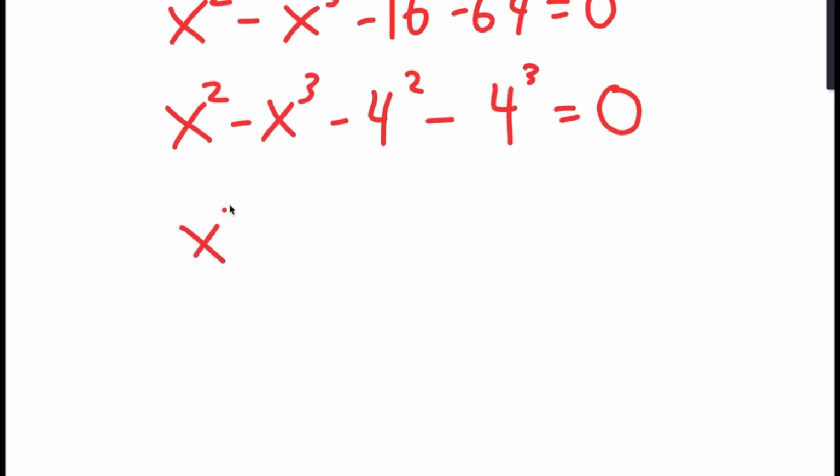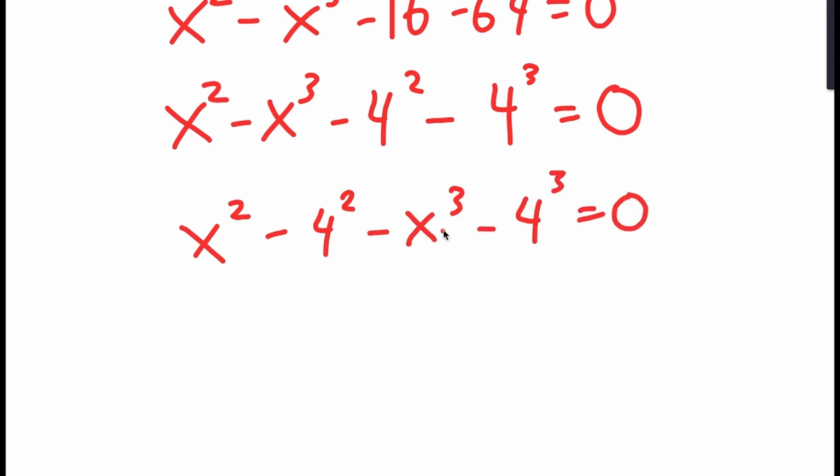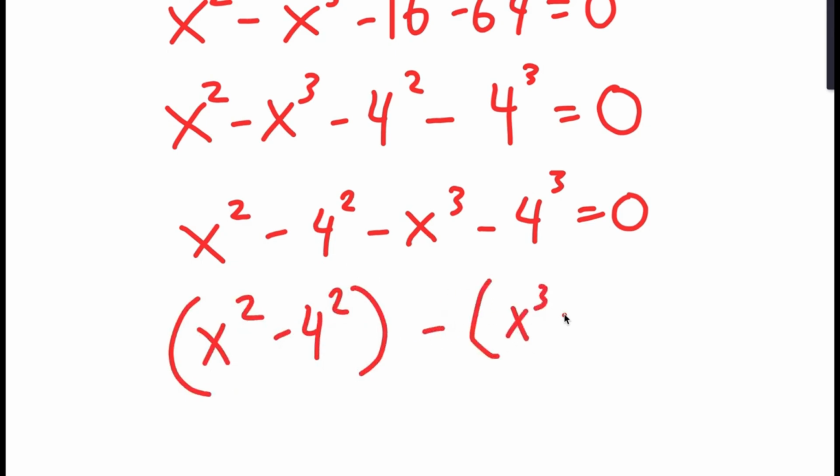And I'm going to group x squared with -4 squared, and x to the power of 3 with -4 to the power of 3. So I'm going to write this as x squared minus 4 squared, and group this minus x to the power of 3 plus 4 to the power of 3. We put this plus because this negative sign distributes.